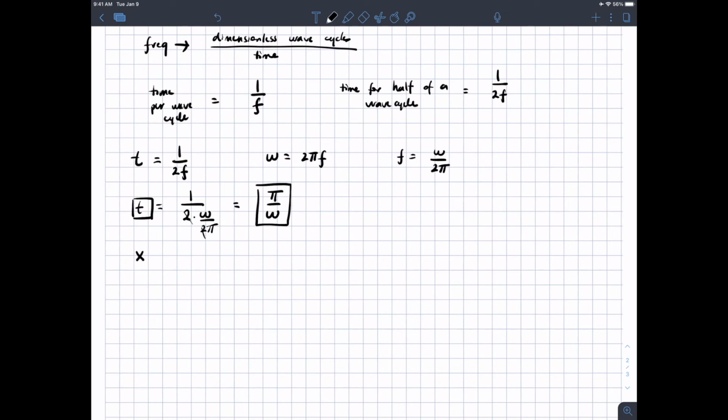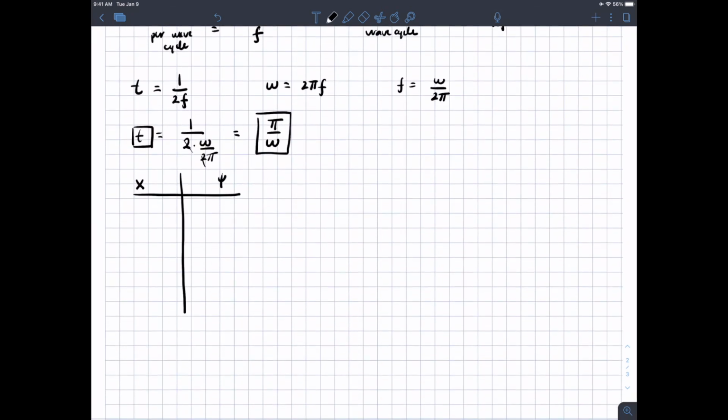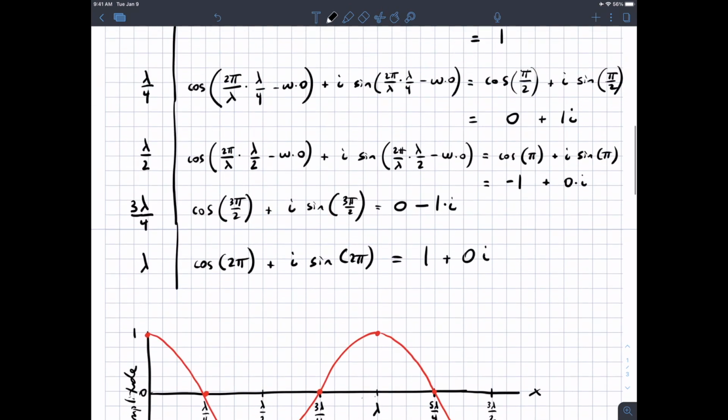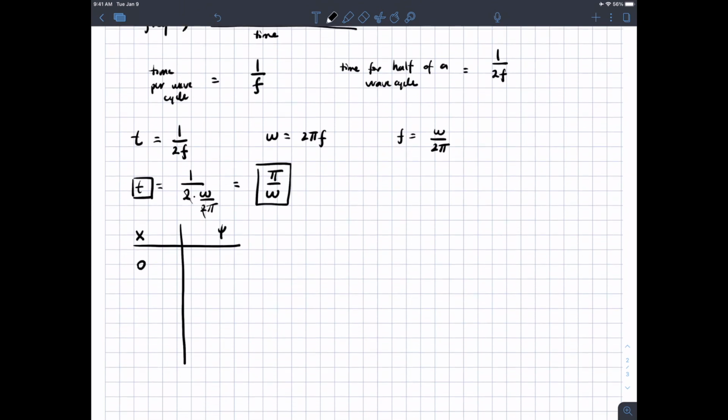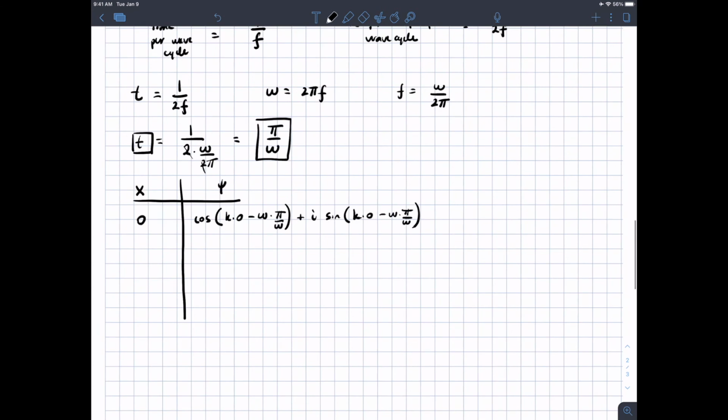Now let's do the same thing with distance and wave function and see how that affects the value of our wave function. So at distance equals 0, but time equals pi over omega, the wave function is equal to cosine of k times 0 minus omega times pi over omega plus I sine of k times 0 minus omega times pi divided by omega, or cosine of minus pi plus I sine of minus pi.